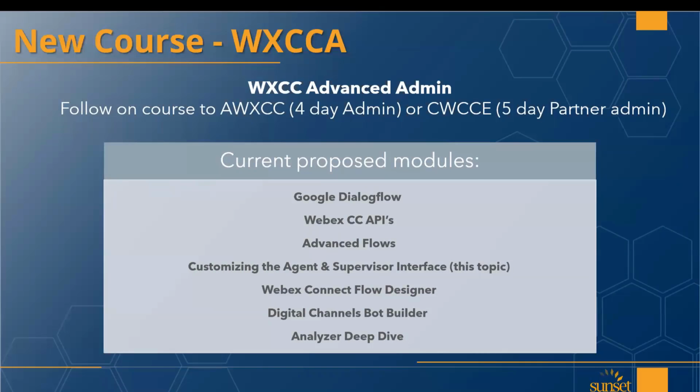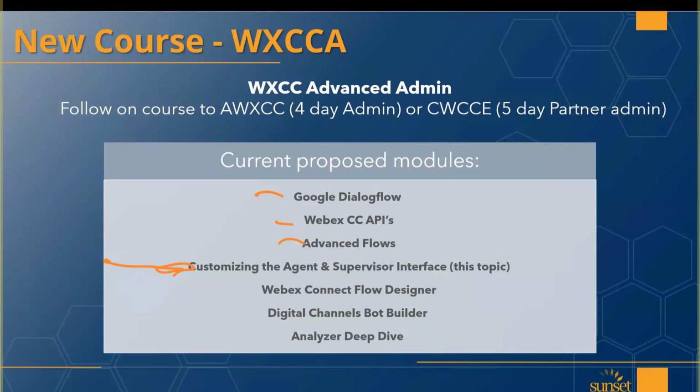Current proposed modules include, of course, the module we just talked about here, customizing the desktop layout, but some other modules as well, getting deeper into the Google Dialogflow world, of course, getting deeper into APIs of all kinds, including contact center APIs. More advanced information on flows.